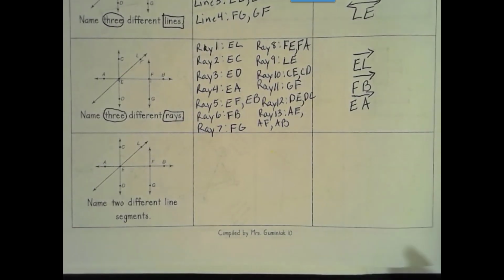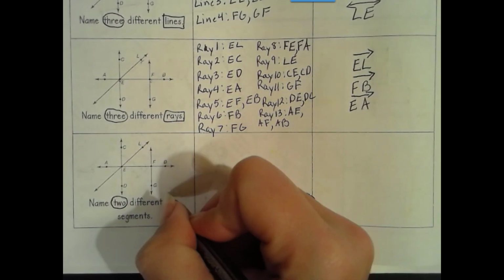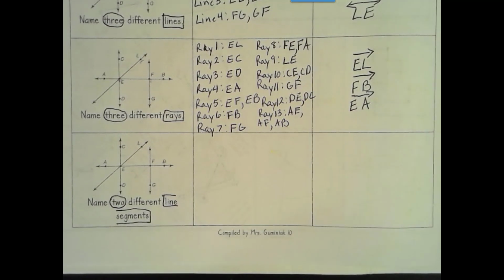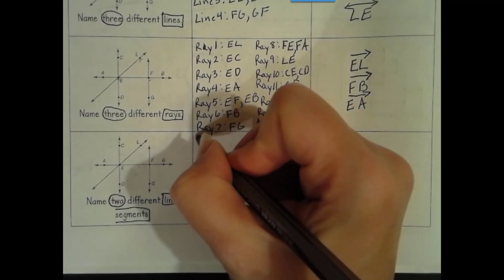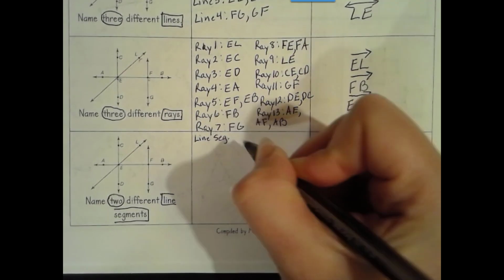And this one just wants 2, and we're looking at line segments. Okay, we have lots of line segments, and again, 2 letters. So line, I'm going to abbreviate segment.